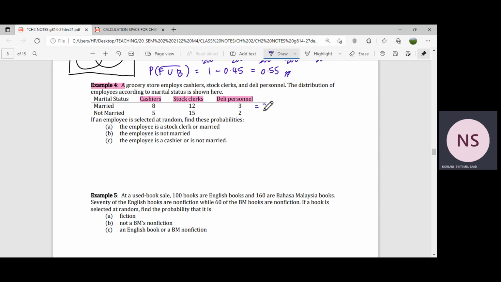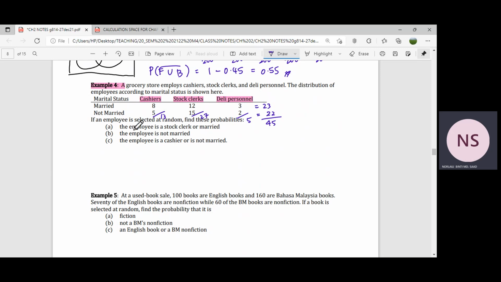Total for married is 23, total for not married is 22. So the total frequency overall is 45 employees. For daily personnel we have 5, for stock clerk we have 27, for cashier we have 13.